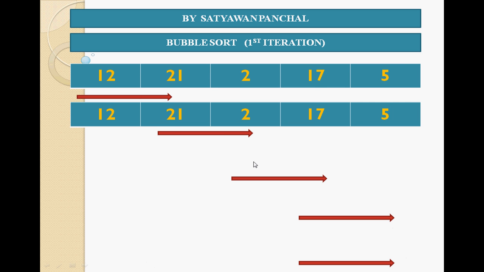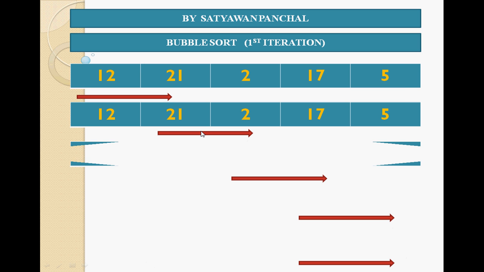In the next step, we will compare 21 with 2. If 2 is larger, then it will remain here. We can see here that 21 is larger, and we have to shift the largest element to the right side, so we will be swapping these elements.